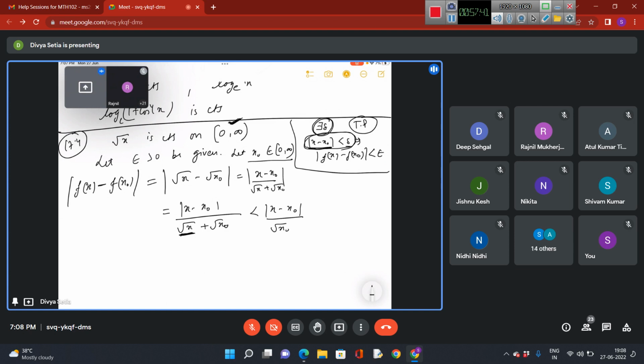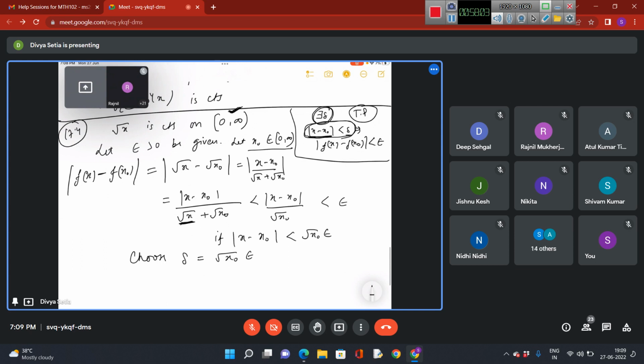Fine. Now there is no x here. I can safely make it less than epsilon. This is less than epsilon if |x minus x naught| is less than square root x naught epsilon. And now I can choose my delta to be square root x naught epsilon. Now delta is not dependent on x. X is not here.